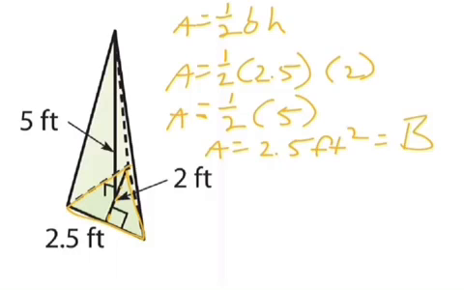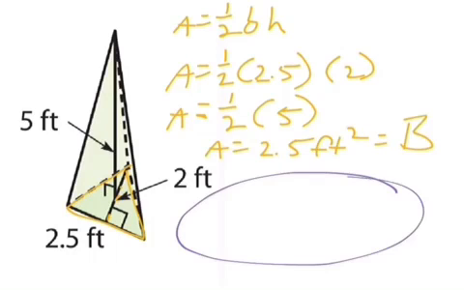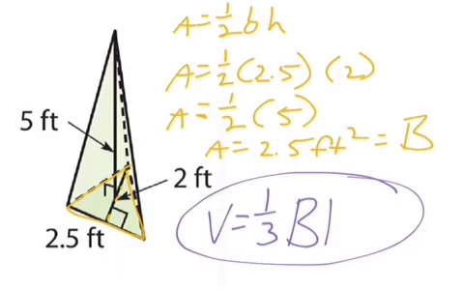So when we find the formula now for this triangular pyramid, what we're going to say is the volume formula is 1/3 again, the base times the height. So I'll take the base, which in this case is 2.5 feet. I'm going to multiply it by the full height of this pyramid, which is 5.